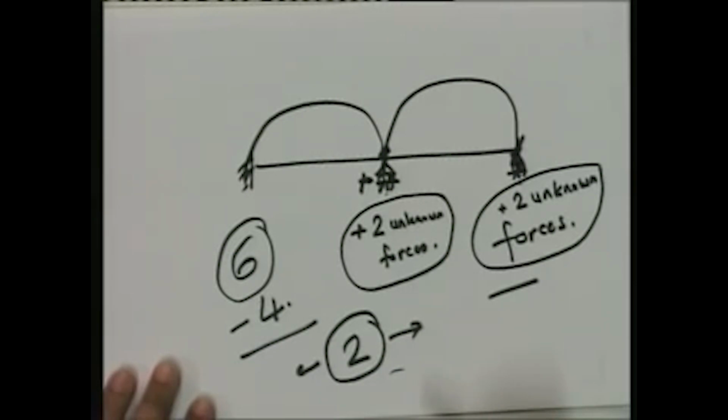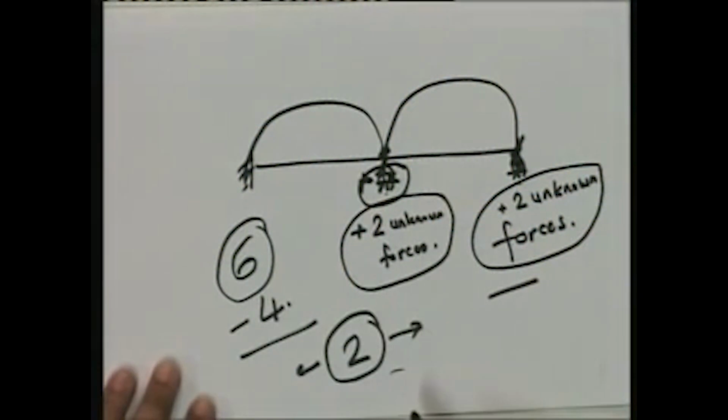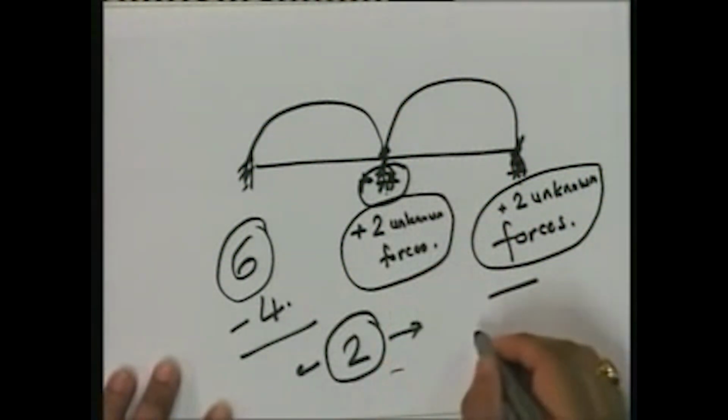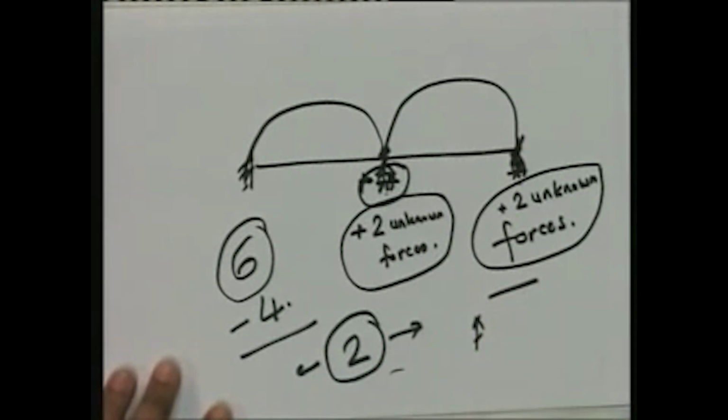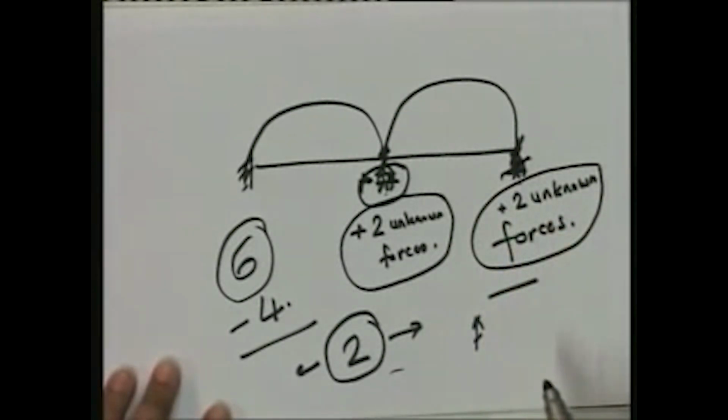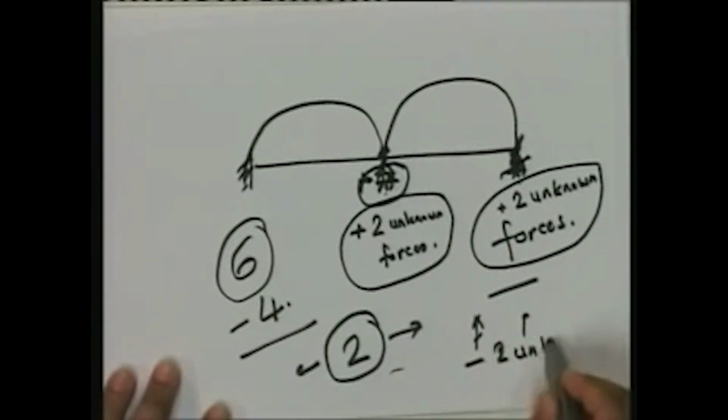Well, let me see if I can get this same result in another fashion. Suppose I remove this. What have I removed? I have removed one unknown force. Let me also remove this. So how many unknown forces have I removed? 2 unknown forces.